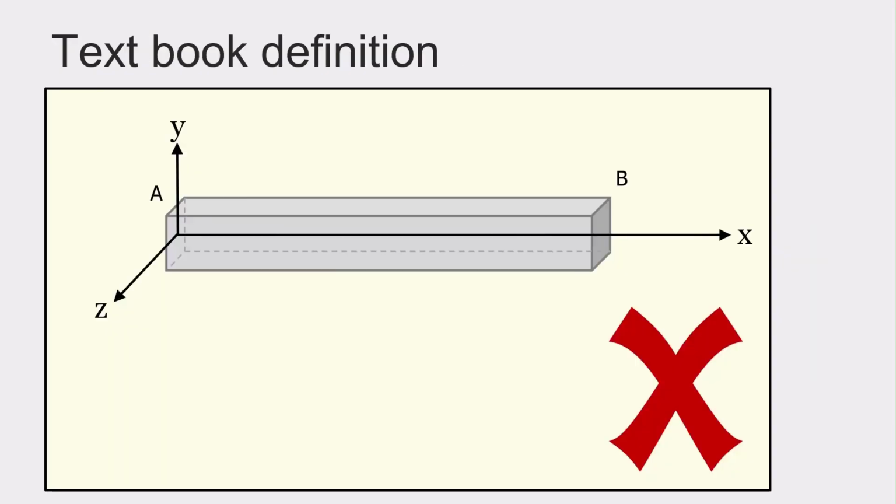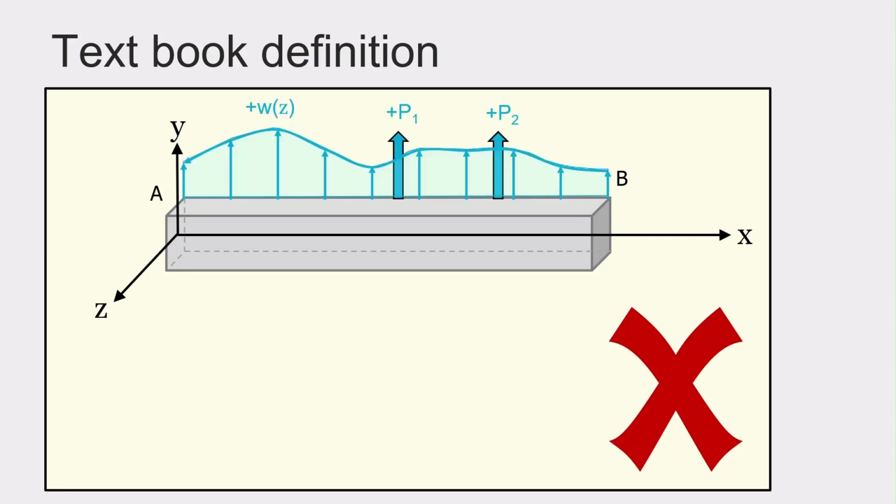In the book, the length direction of the beam is denoted by x. Y is positive upward, and to obtain a right-handed coordinate system, z is pointing out of the screen. This is a different choice than we make, but no problem with consistency yet. When we look at the positive external load, we see that the point loads acting upwards and the distributed load pointing upwards are positive, since the positive y direction is upward.